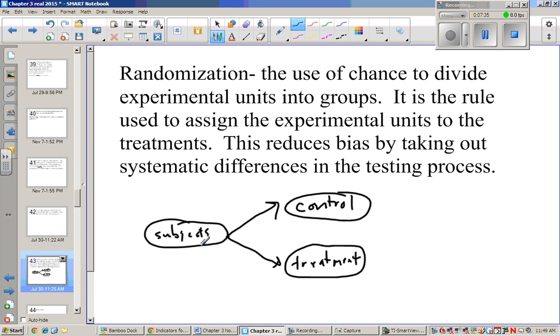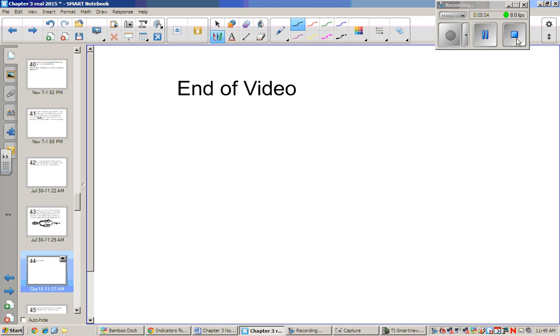We number all the subjects and then we pick half of them to go here and half of them to go here. It doesn't always have to be 50-50, but we have to figure out some method for them to go to control and treatment, and then when we're done, we want to compare at the end. But it is very important that they are randomized as they go from the subjects to the control and treatment. All right, that's the end.